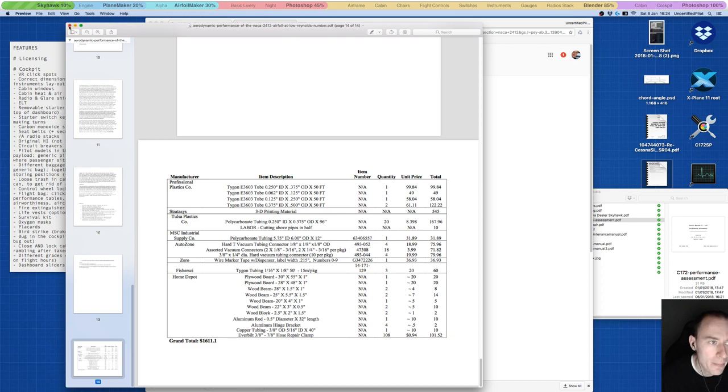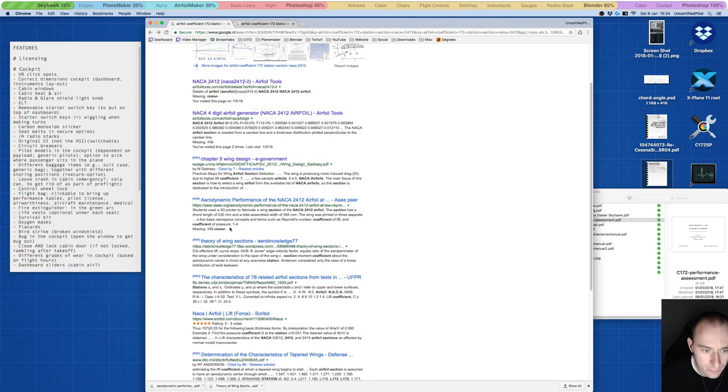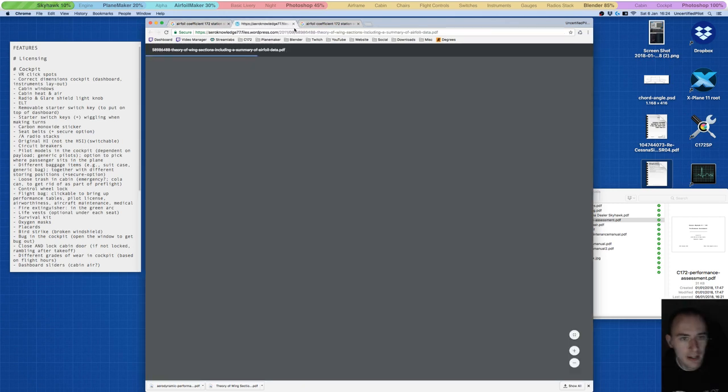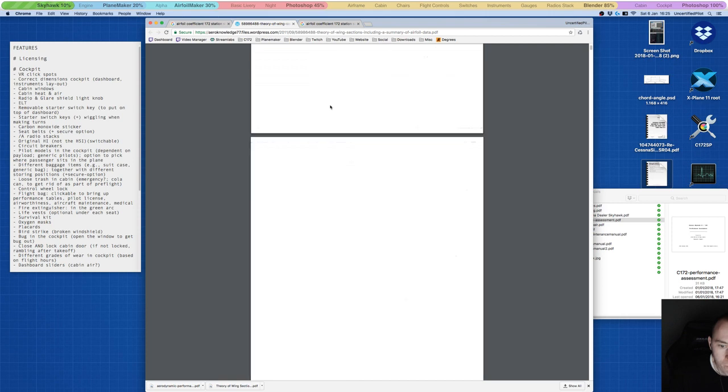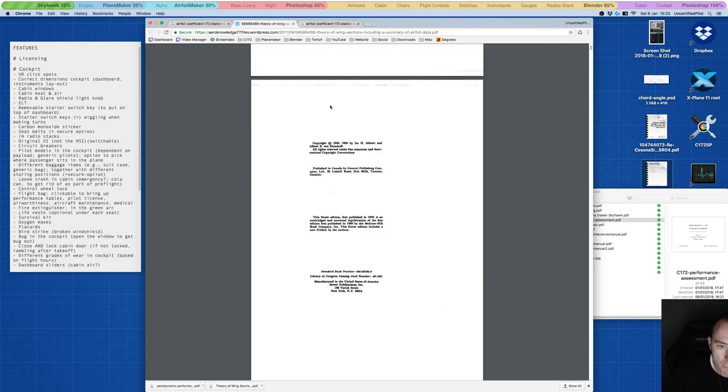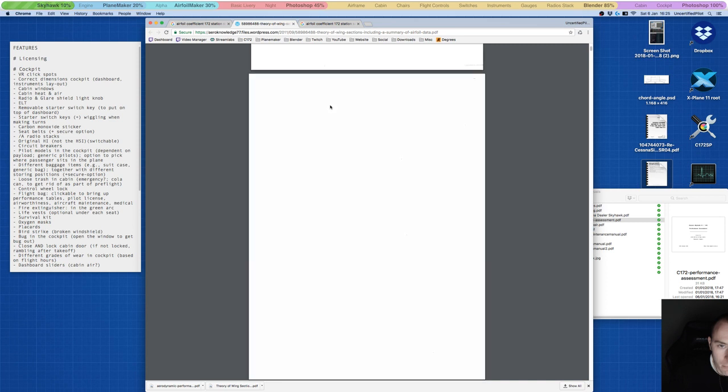Plywood and stuff, no. Theory of wing sections. Well, again, summary of airfoil data. Loading, I think.